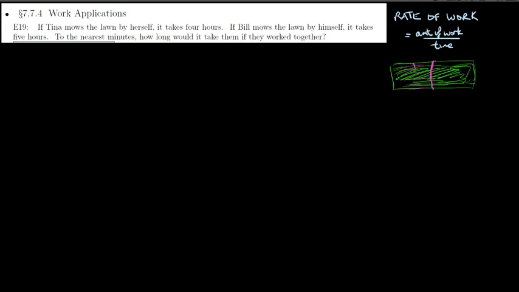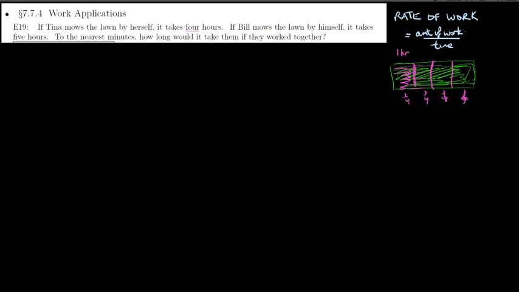Now, suppose we cut that in half and only did a quarter of the lawn. We divide this lawn into 4 parts: 1/4, 1/4, 1/4, 1/4. If you only do 1/4 of the lawn, that should take you 4 hours divided by 4. It should take you 1 hour for each quarter of the lawn, and if you do 4 of those, you do 4 hours.